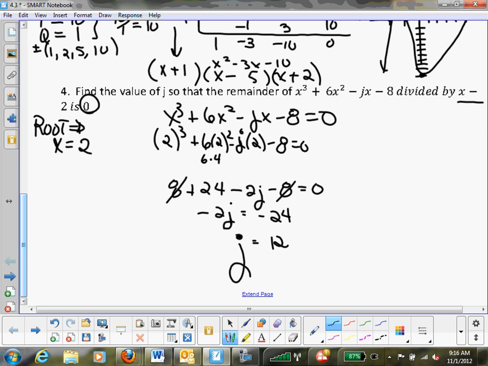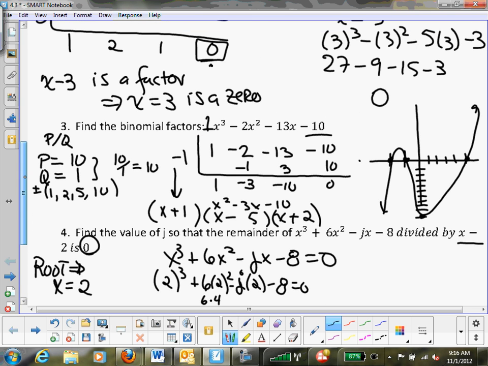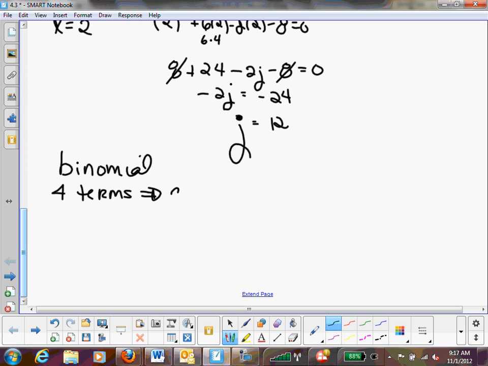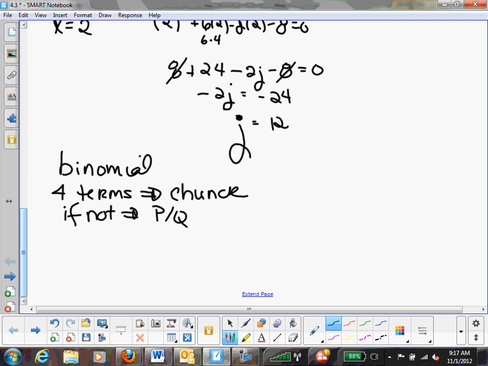All right, so remember, when I'm asking you on these binomial factors, you might want to write this down. If I'm asking for the binomial factors, if it's 4 terms, see if you can chunk. Okay? If not, then do the p over the q to find a factor.